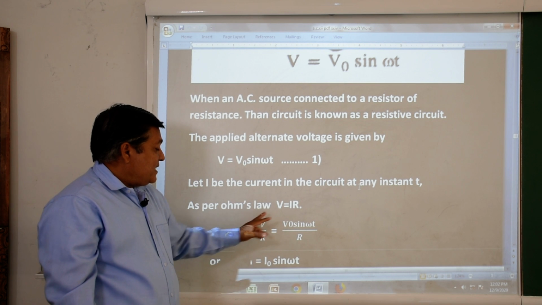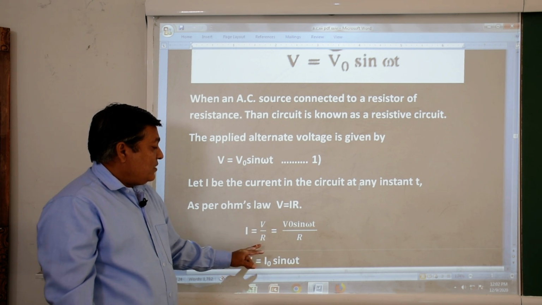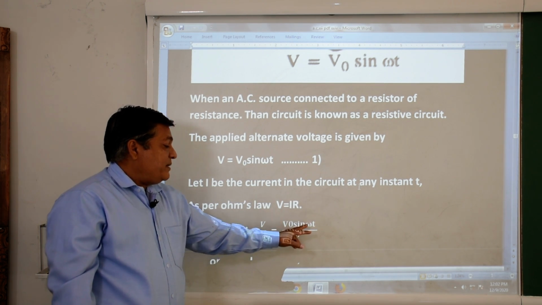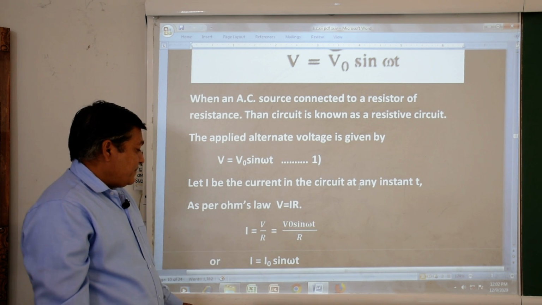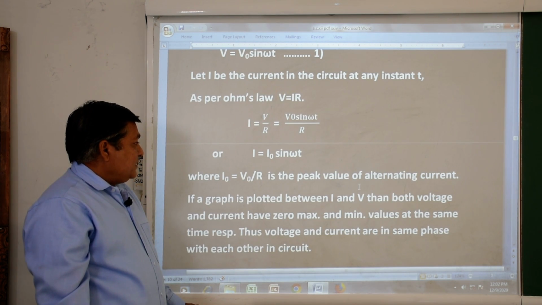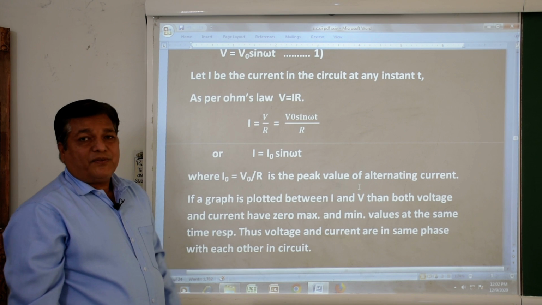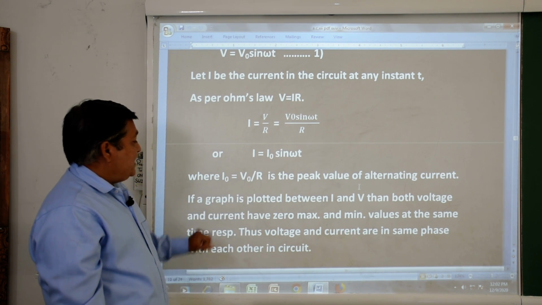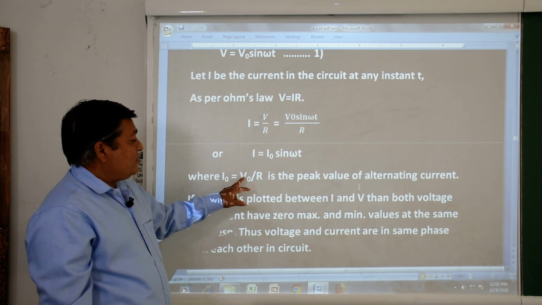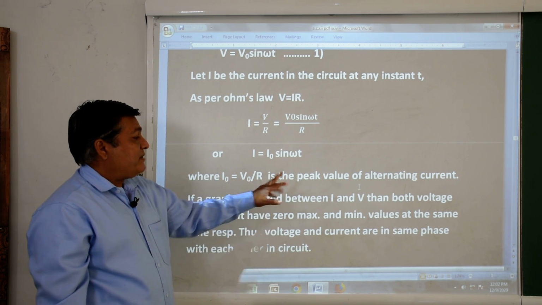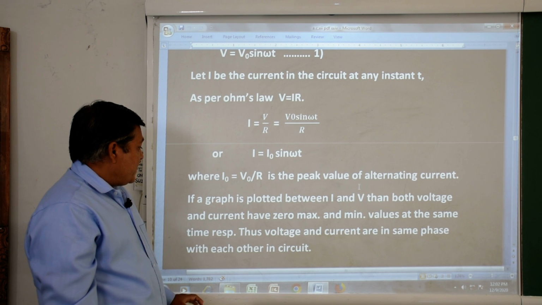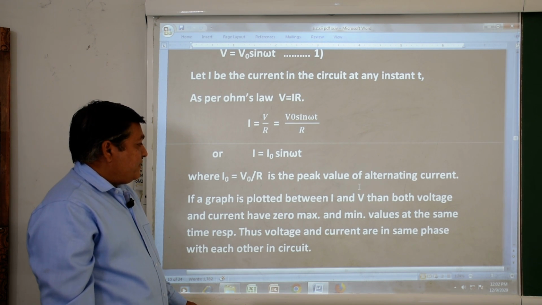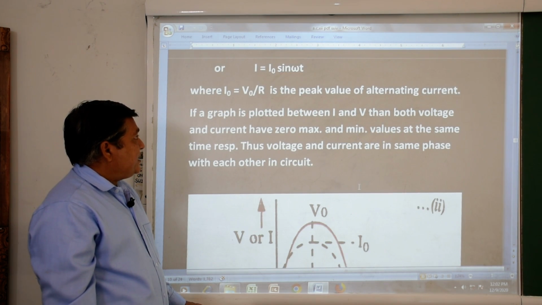So, we can say that I is equal to V upon R, or in place of V, V naught sin omega t upon R, we can write here. If we suppose that the expression for the alternating current is I is equal to I naught sin omega t, similarly, we can say that I naught is equal to V naught upon R, which is the peak value of alternating current.